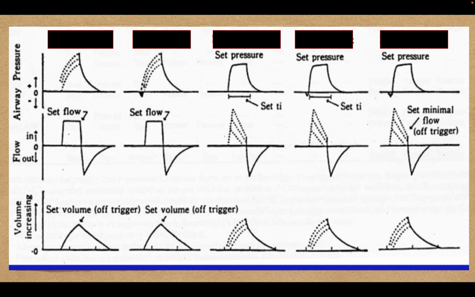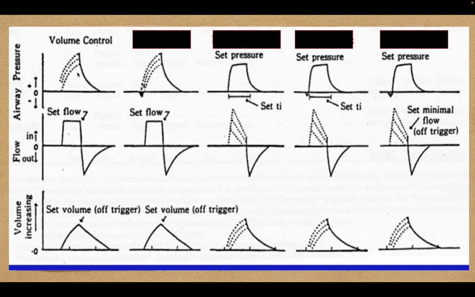Now just a small quiz. In the first set you can see pressure versus time, this is flow versus time, and this is volume versus time. You can see that there is a square waveform and there is no negative deflection. So in this mode, the volume is set and the pressure is variable.